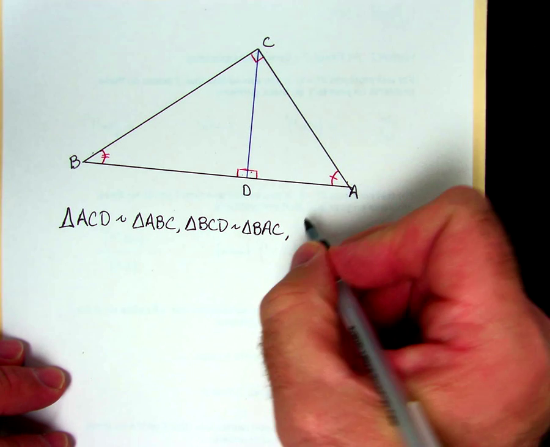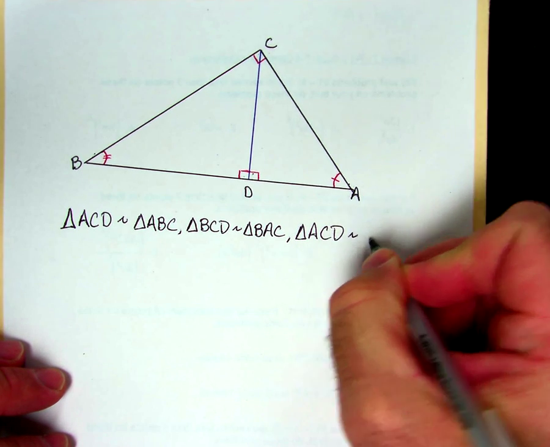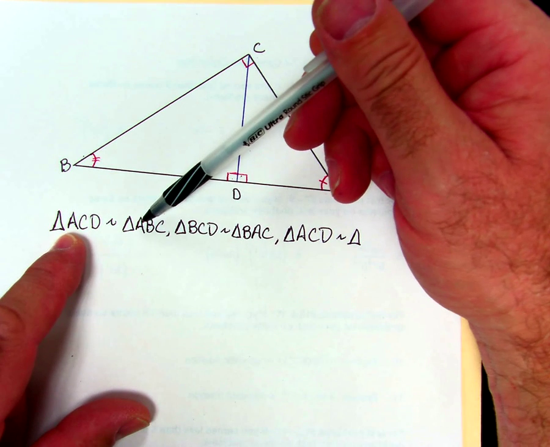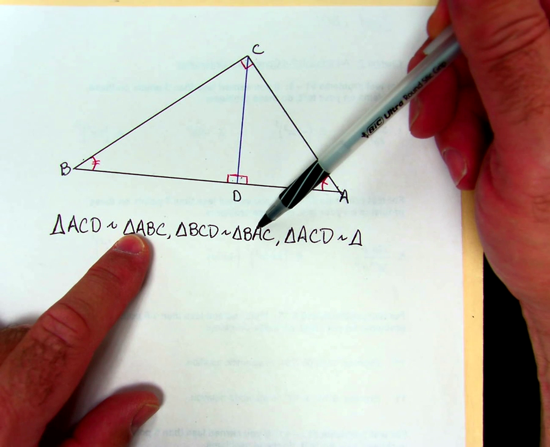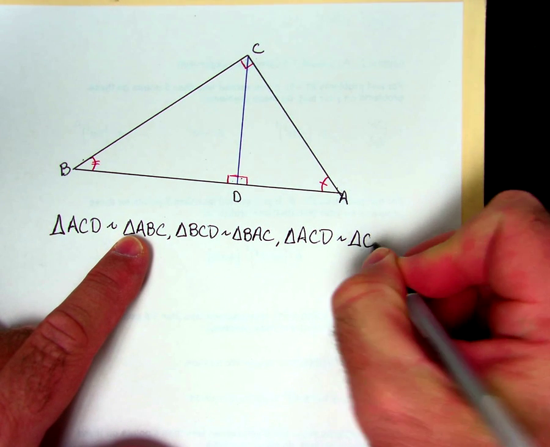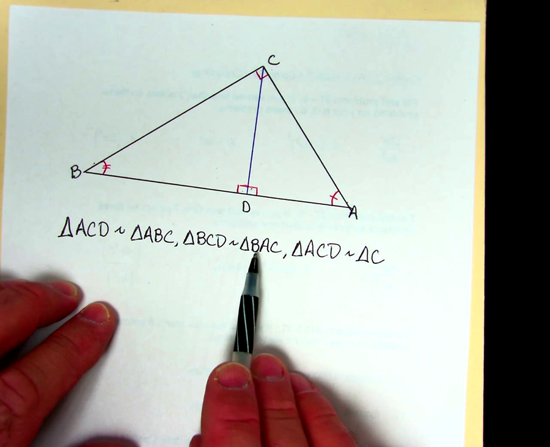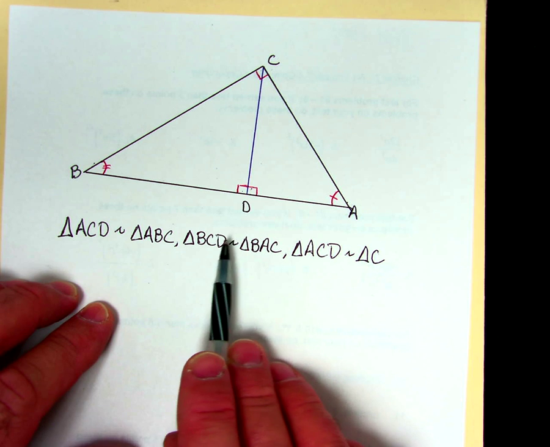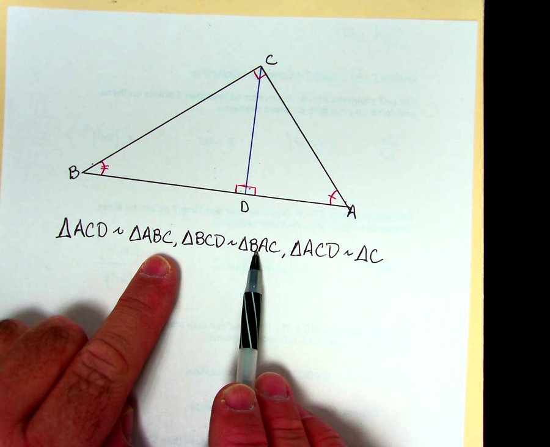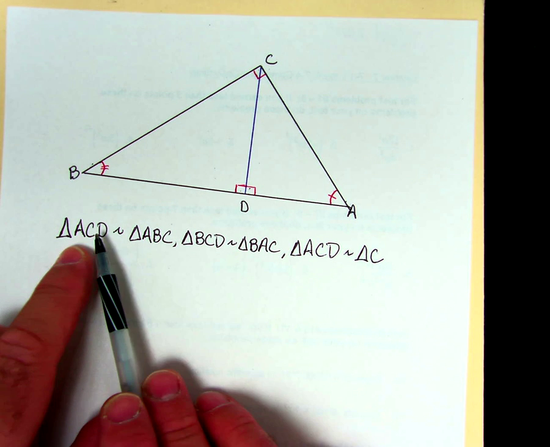If I use triangle ACD, let's see, A goes to A in this one, goes to C. C goes to B. Make sure I get this right.